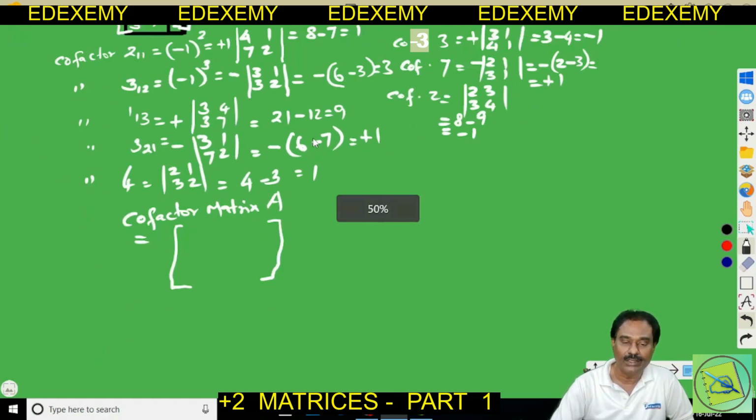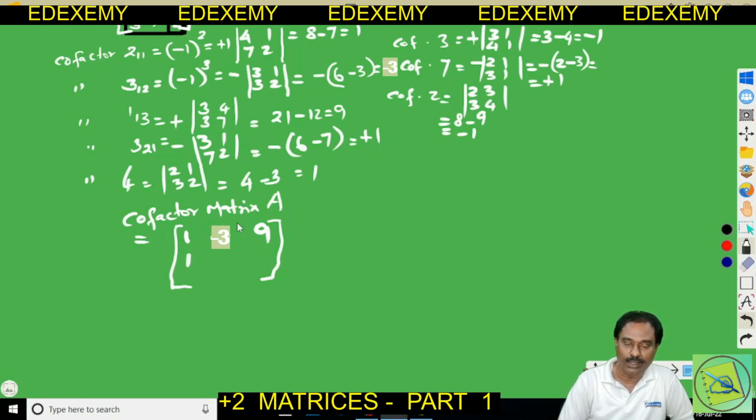For each and every value, the first value is 1. The cofactor of 2, first row, first column is 1. Therefore put 1 here. The next one is minus 3. The cofactor of 3, first row, second column is minus 3. Therefore you put here minus 3. The third one is 9. Similarly, you can fill all these elements. Whatever the value we have calculated, you just fill out.